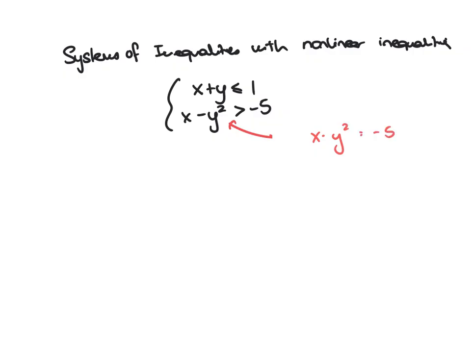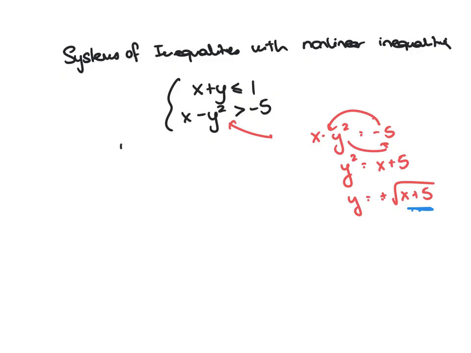I'm going to rearrange this so that y squared is x plus 5. I moved this over here and I moved this over here. So now y is plus or minus the square root of x plus 5, which means that the plus 5 shifts this one to the left.